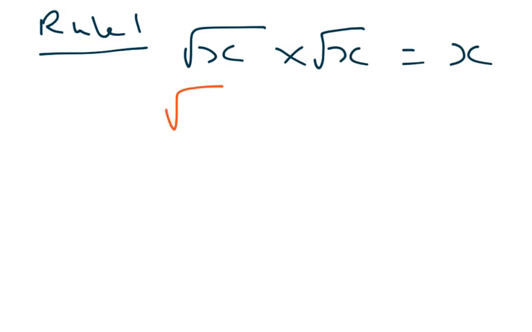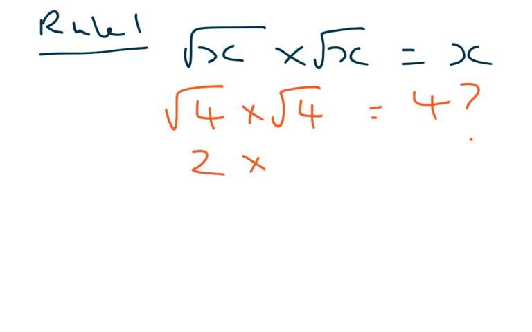If I say root 4 times by root 4, the numbers are equal. Should this give me 4, like the rule states above? Well, let's work out. Root 4 is 2, and root 4 is 2, and yeah, 2 times 2 is 4. So that proves that root 4 times root 4 is 4, doesn't it? Let's try another one, see if it works.